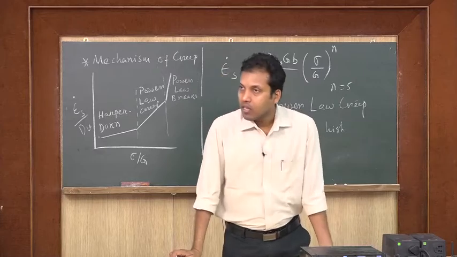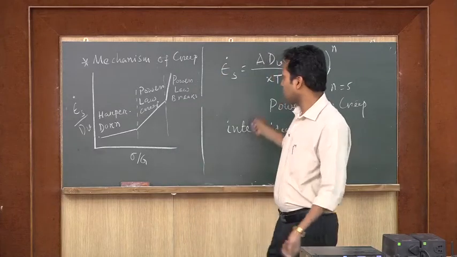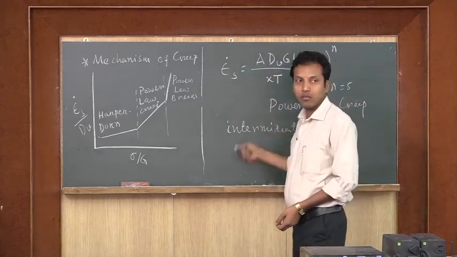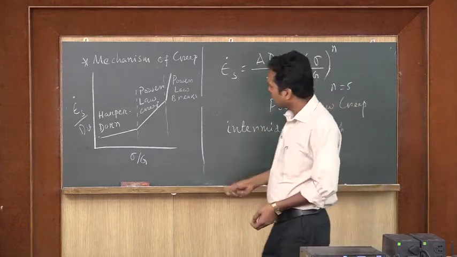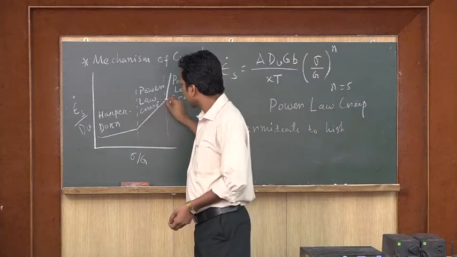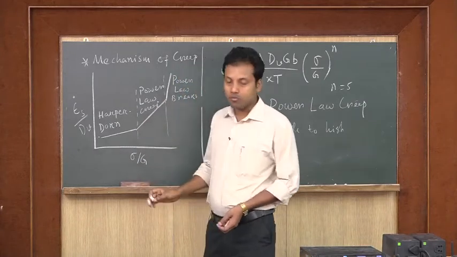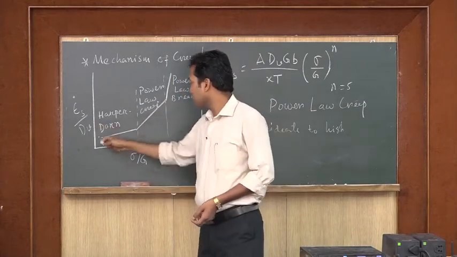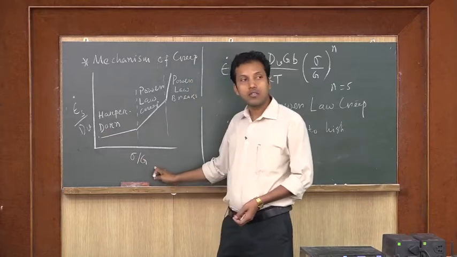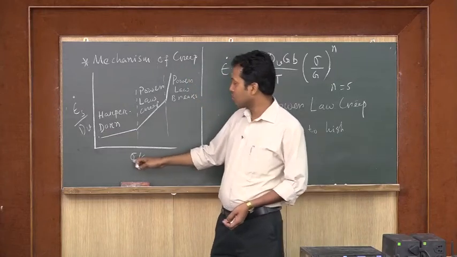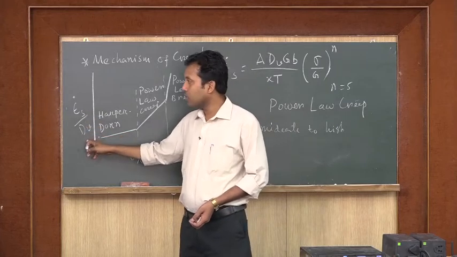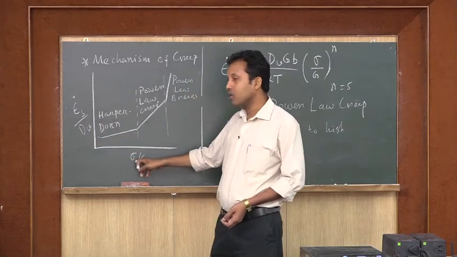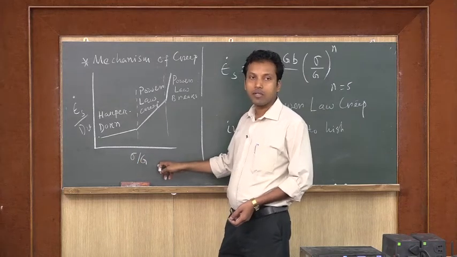In one case, it is the power law that we are discussing here, where n may be from 3 to 8, in the central region. This is basically the creep rate versus stress curve. We have normalized the creep rate by the diffusivity, and the stress by the shear modulus.